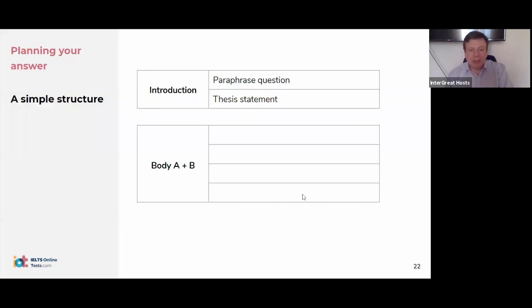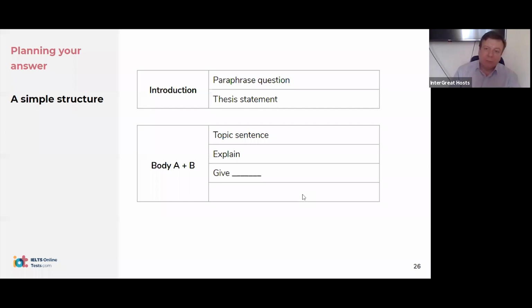So we're going to have two body paragraphs. So we need what? Topic sentence. Then we'll explain and then give what? What will we give? Yeah, an example. Good. Make concessions, and what will we do to the concession?